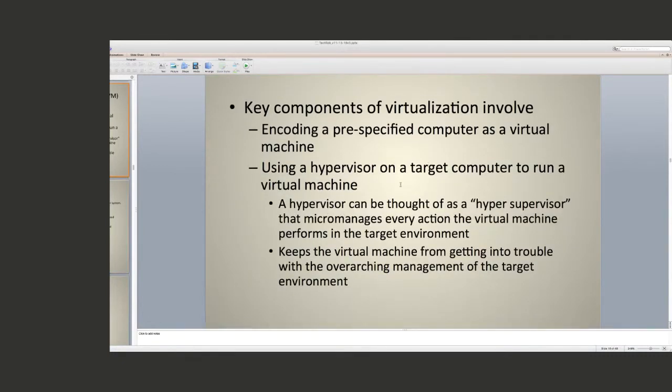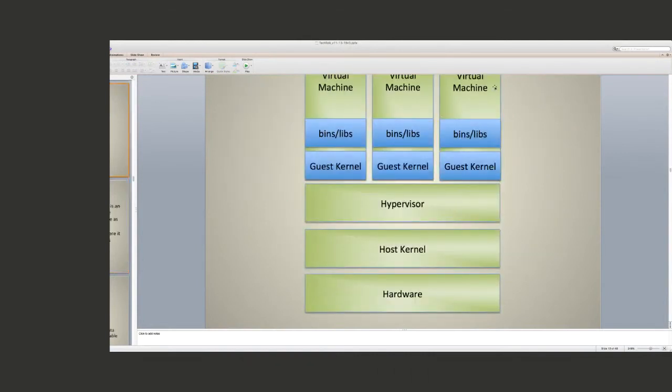And then it is run on the target machine. So here's the virtual machine. Here's the hypervisor on the target machine. You can then deploy multiple virtual machines onto this target machine, which has its own hardware and its own operating system. And then the hypervisor translates between whatever operating systems are in the virtual machines and translates that to the current operating system and the hardware there.